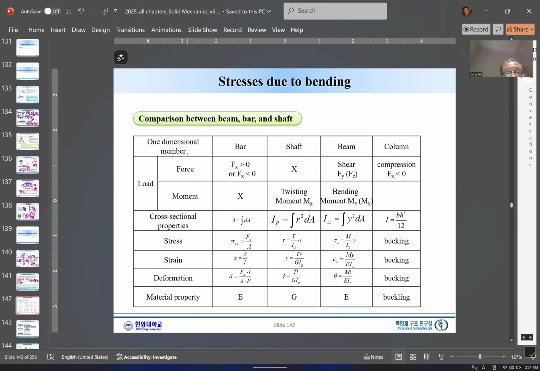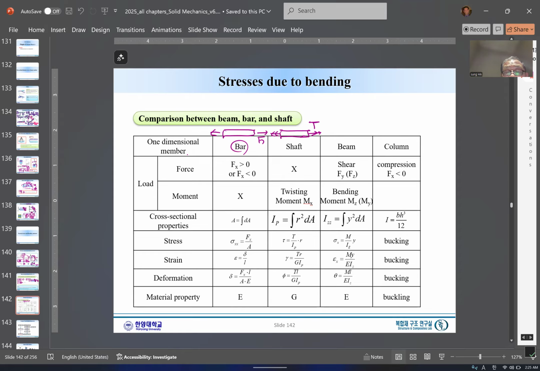So yes, it is a good time to review all the stresses due to force. Back to the very beginning, the one-dimensional bar. The bar is like this under the force F. And the shaft is the same type of structure, and now instead of extension, we have a twisting moment.